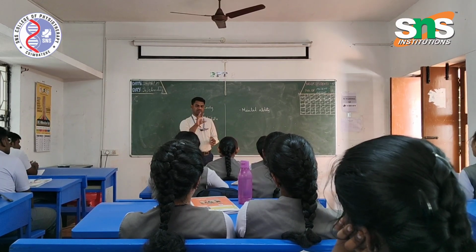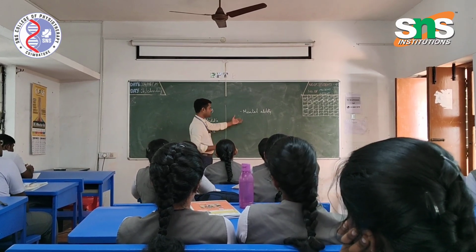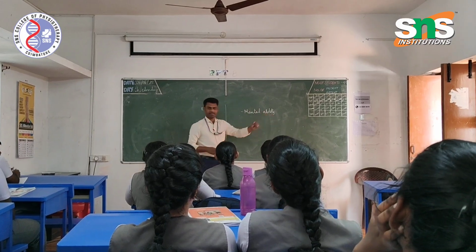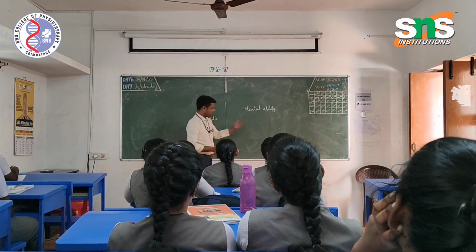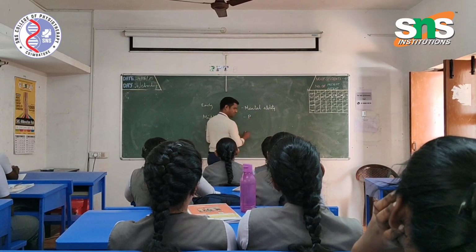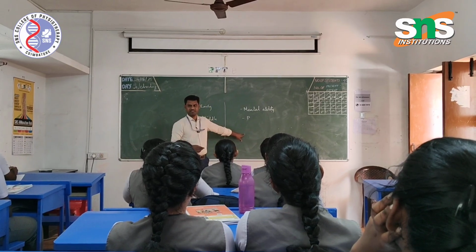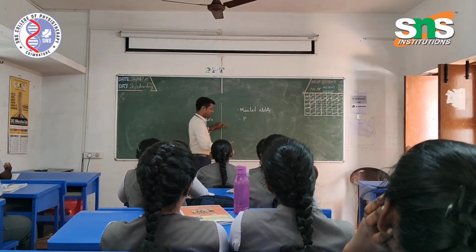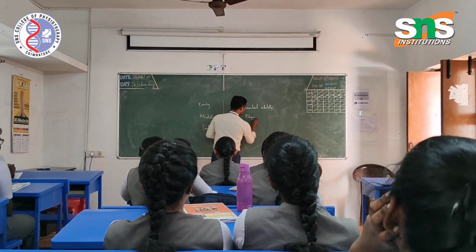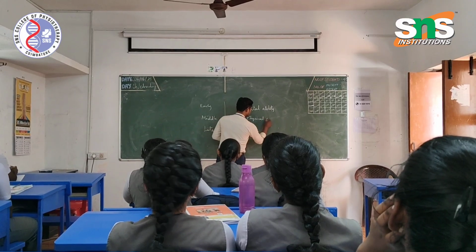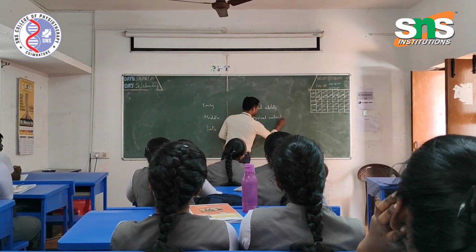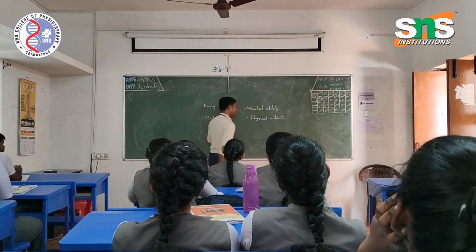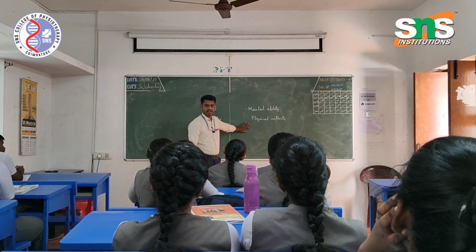What are the components should be there inside? First thing, the screening must be for mental ability, right? Of course, for physical ability, physical activity, it will be also reduced, right? So physical activity, right? Any other thing?